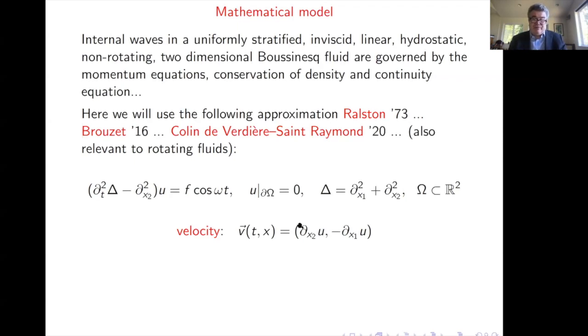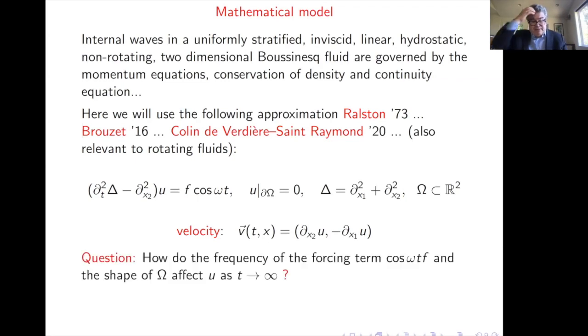And so one would like to see where this becomes singular or big or somehow manifests itself physically. And so this is really the question that one can ask mathematically. How do the frequency of the forcing term and the geometry of Ω affect the solution of this equation as time goes to infinity?